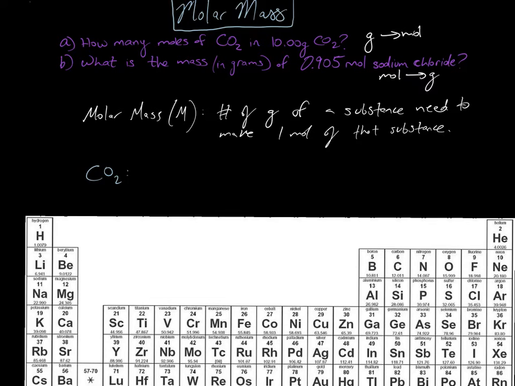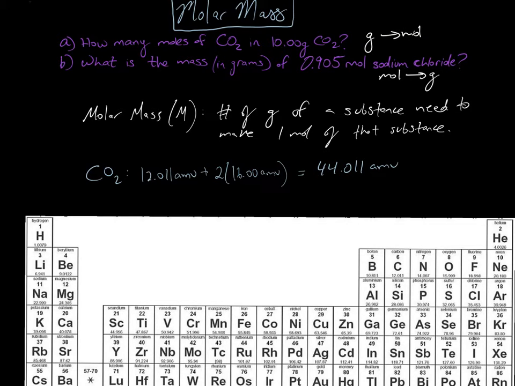I know that carbon is 12.011 AMU, and that each oxygen is 16 AMU, but there are 2 of them, so I'd have to account for both of them. I just add them up, and that gives me 44.011 AMU. That is the atomic mass of carbon dioxide.